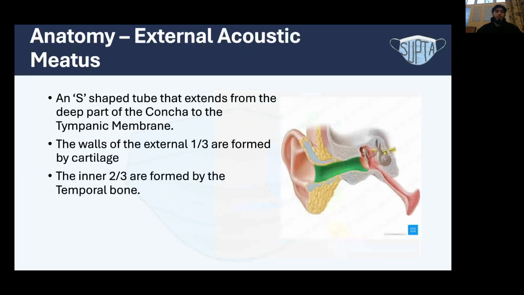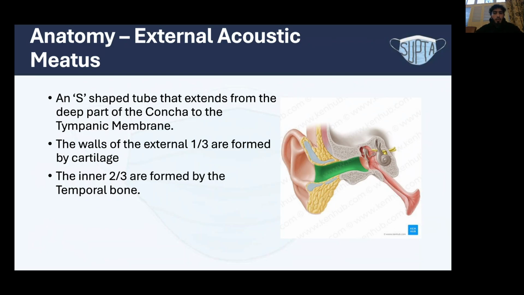Amazing. So we'll go into the external acoustic meatus now, also known as the external auditory canal or the ear canal. It's an S-shaped tube which is situated within the tympanic portion of the temporal bone. Its entrance lies just in front of the mastoid process of the temporal bone. In adults, it's usually around 2 to 3 centimeters long, so it's not too long.